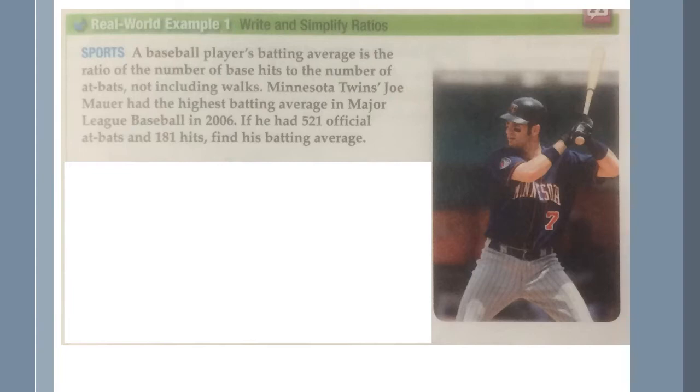So they tell us what the ratio should be, which is the number of hits, 181, over the number of at-bats. Let's see if we can get this to work properly, please.